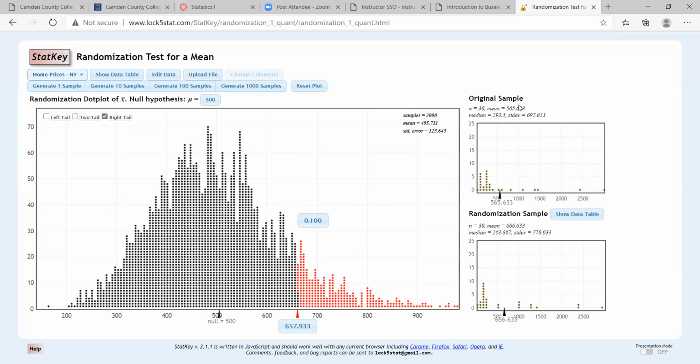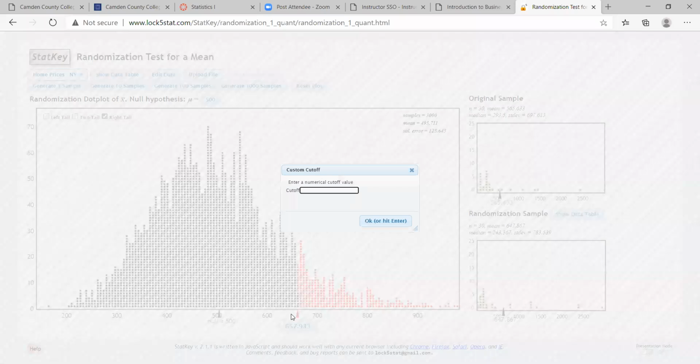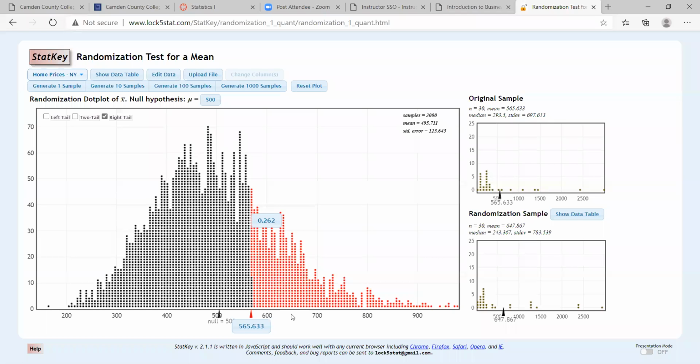What if I plot the sample mean? The area to the right, because it's a right tail test, is the p-value. It's 0.262, which is bigger than alpha. Therefore, we don't reject the null hypothesis.